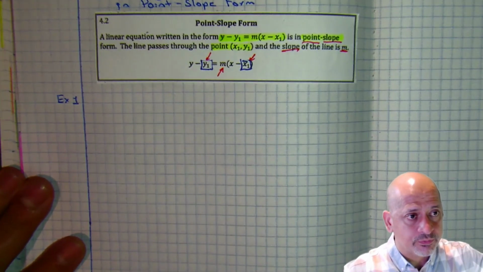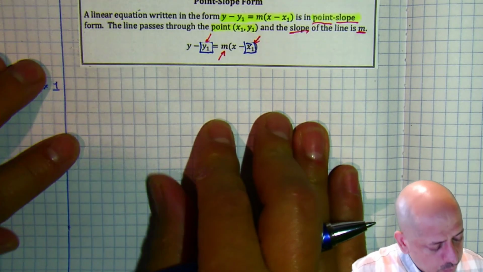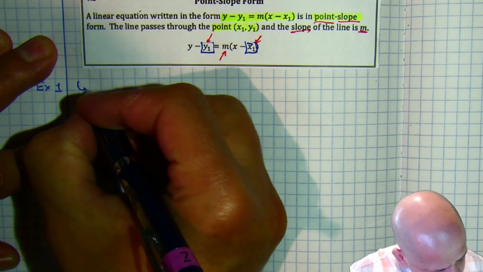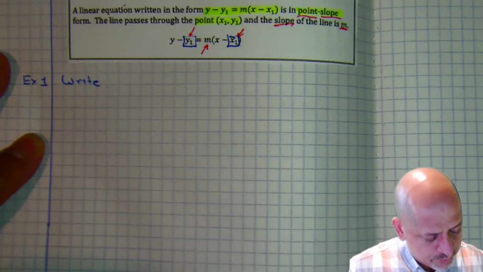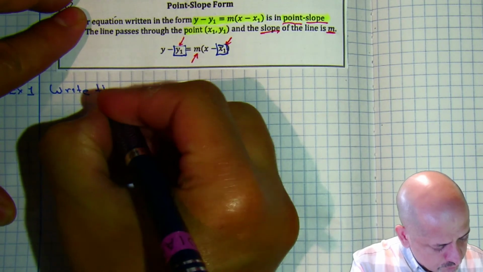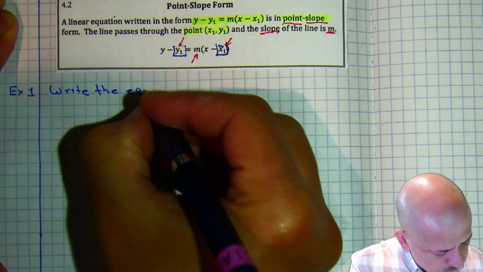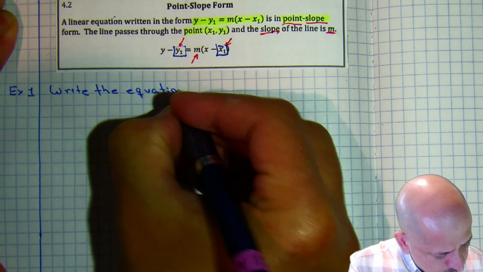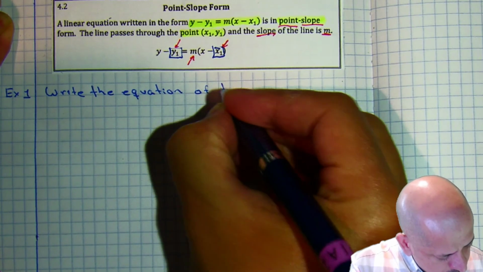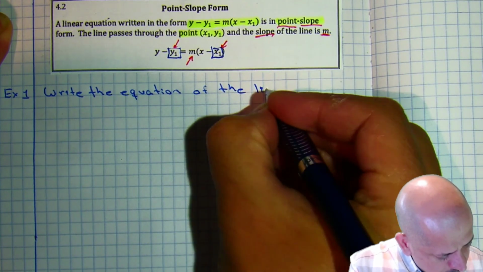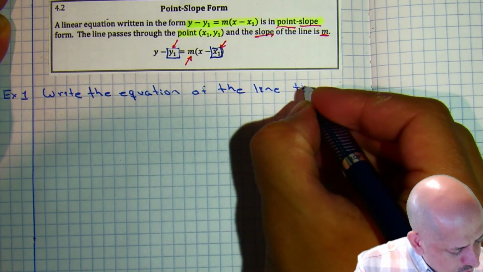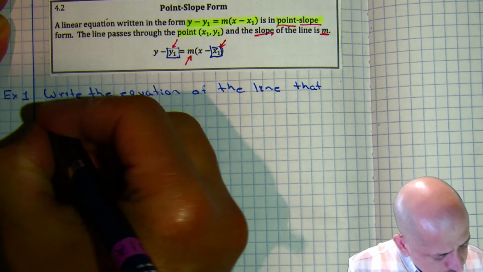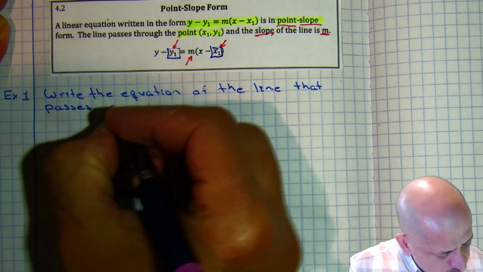We have, write the equation of the line that passes through the point.